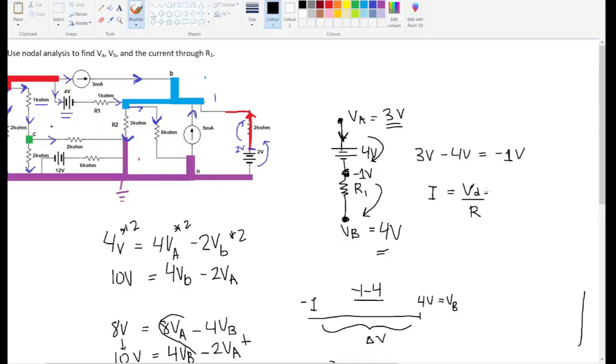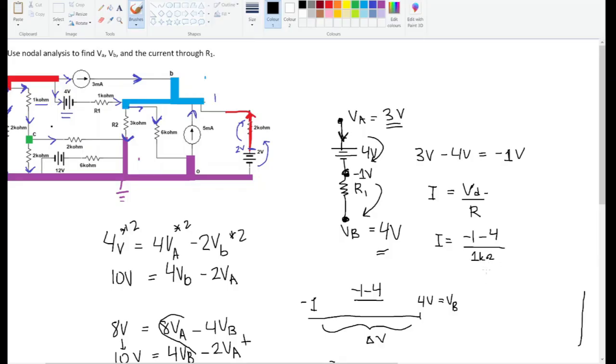Now it's voltage drop, but it's actually technically the voltage difference, right? So the voltage difference from one pole to the other side of the pole will tell you the voltage change. So the voltage change from one pole to the other is negative 1 minus 4 volts. And then you divide by the resistance, which happens to be 1 kilo ohm.